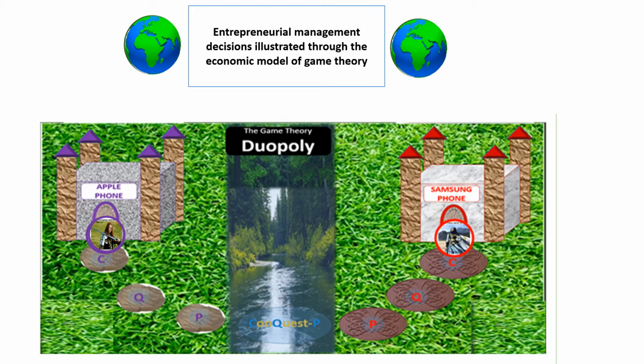Entrepreneurial management decisions, illustrated through the economic model of game theory. In our illustration, we have two companies involved in a competition, Apple and Samsung. As an example, Apple will reach scalability by reaching the river.